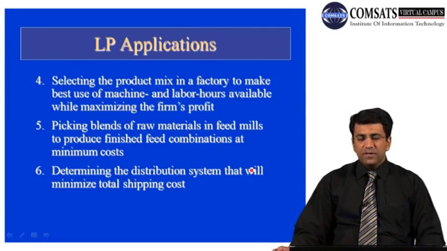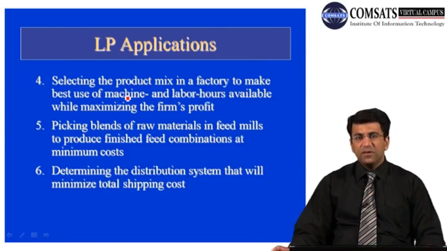Then it can also help us in picking the blend of raw materials in feed mills to produce finished feed combinations at the minimum cost. Again, it can help us find the combinations of the different raw materials which can be used in the production of the final products and services, through which we can maximize our profit, or the cost of production can be minimized.